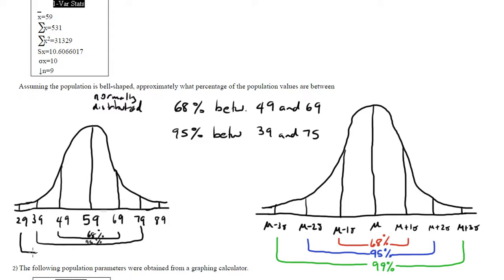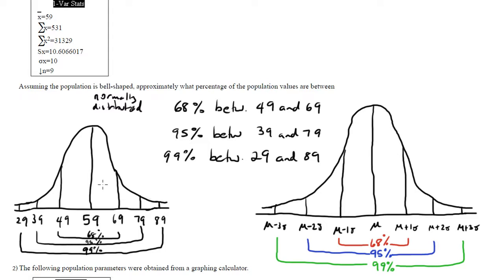And 3 standard deviations away from my mean, about 99% are between 29 and 89. And this 39 and 79. I don't know why I wrote 75. Don't judge me. Let me fix that. Erase that. Between 39 and 79. Sorry.